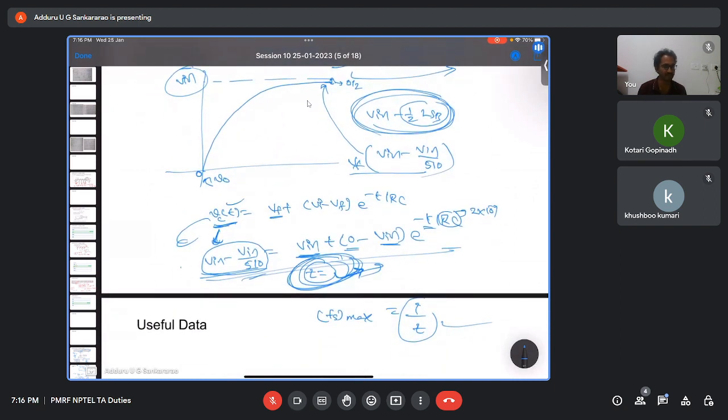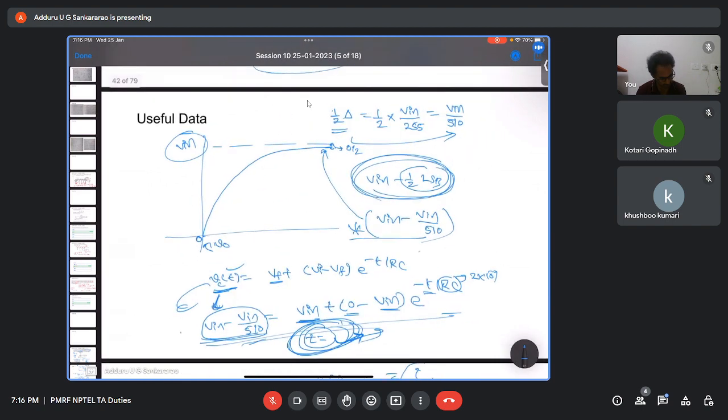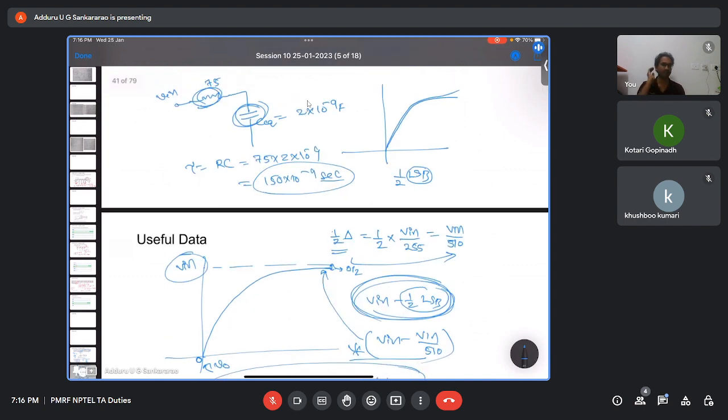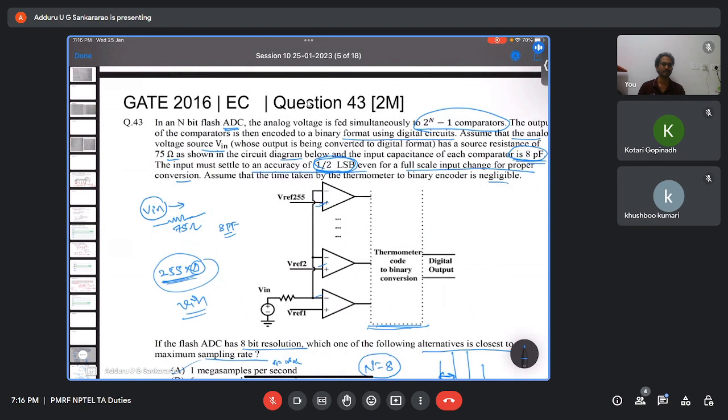The worst case scenario is full scale output, that is V in. So they are allowing half LSB, half of the step size. Based on this we can find out the time, and based on that we can find out the sampling interval. You can check it. You can resolve this question. This was given in GATE 2016. Okay, based on whatever we discussed, you can easily solve this.